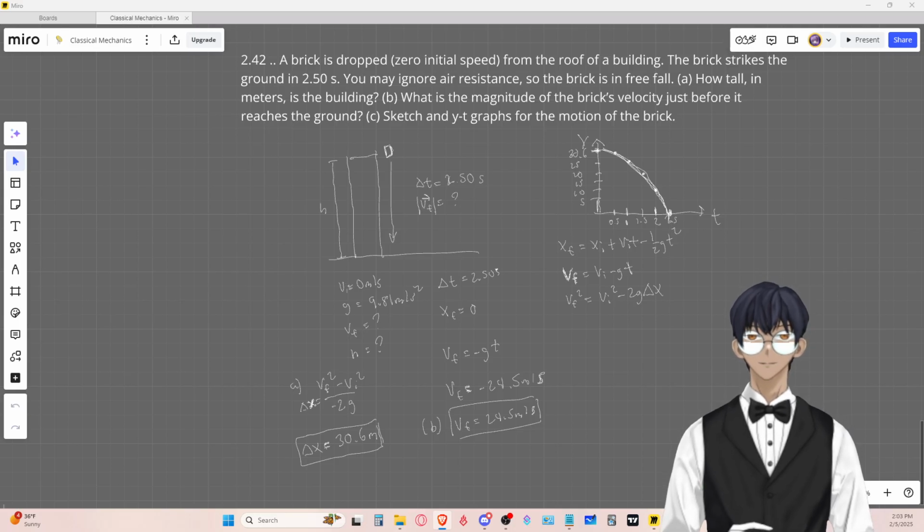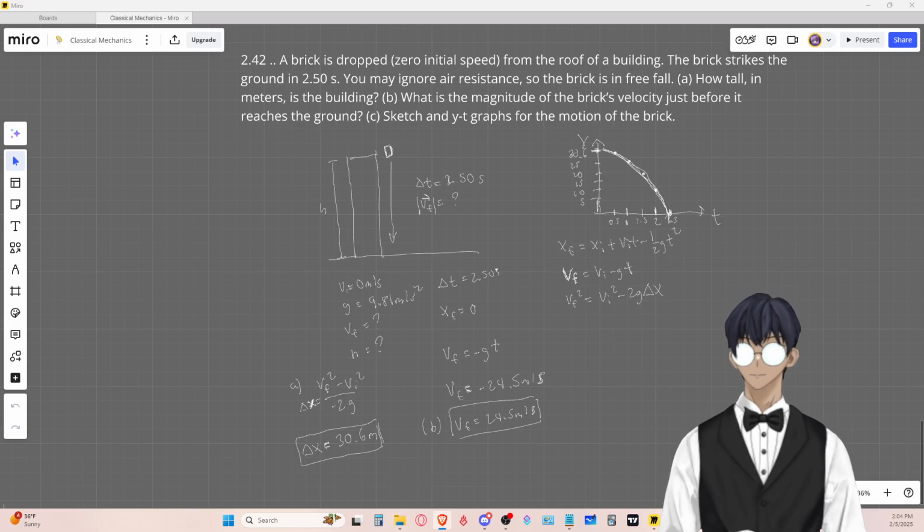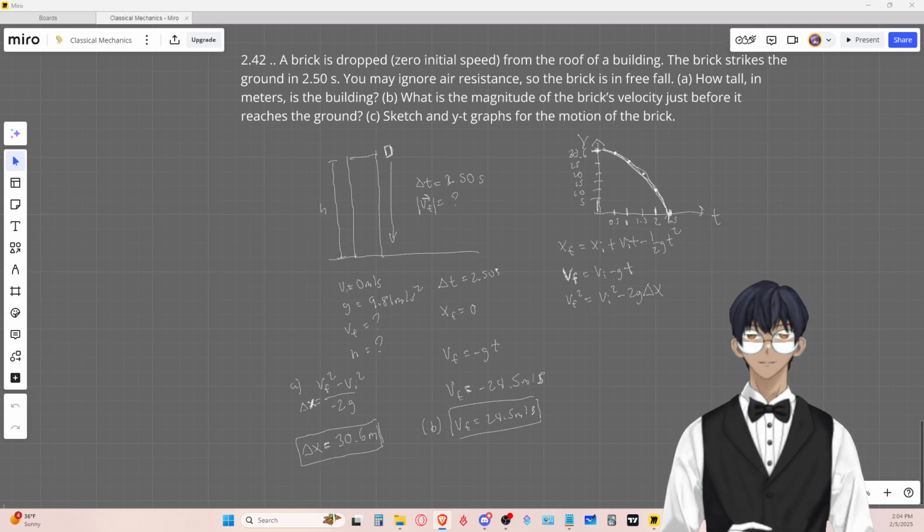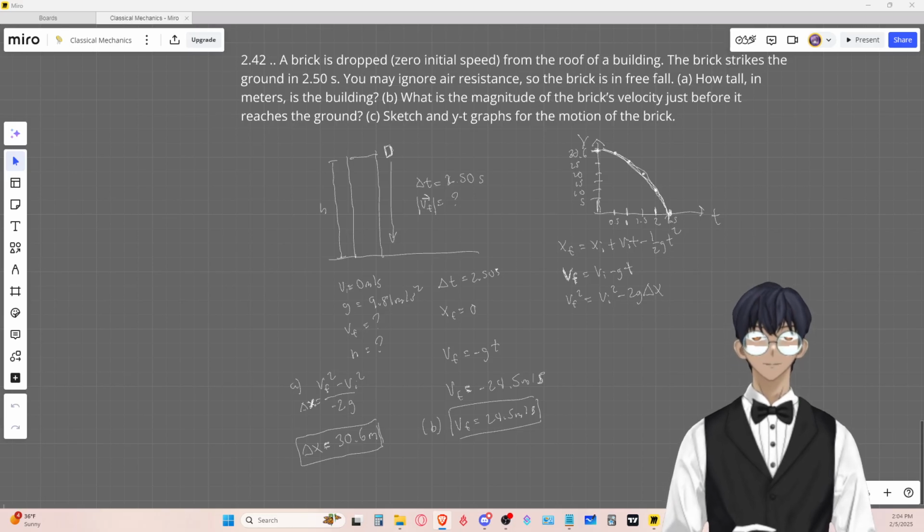I mostly do the problems with two dots. Two dots means it's supposed to be a challenging problem, but not too hard, so I usually do those. I'm just picking random problems, not in any specific order.